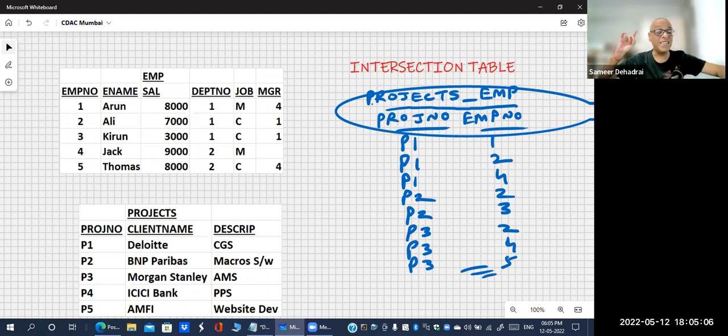You know those exercises I had given you for MySQL, S table, P table, J table. There you have this fourth table, SPJ table. That SPJ table is the intersection table. SPJ table is storing S hash, P hash, J hash. So with the help of SPJ table, I can find out which supplier is supplying which part to which project.